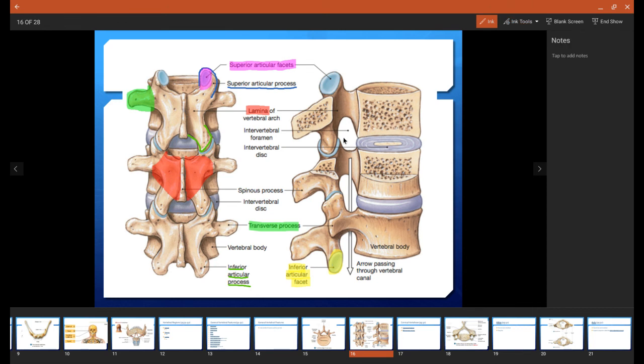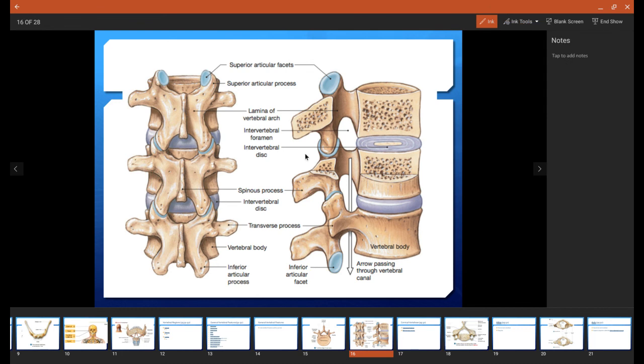But the intervertebral foramen is this hole that's naturally created when two vertebrae come together. So there's one, and here's another one right there. But that is called the intervertebral foramen right here.